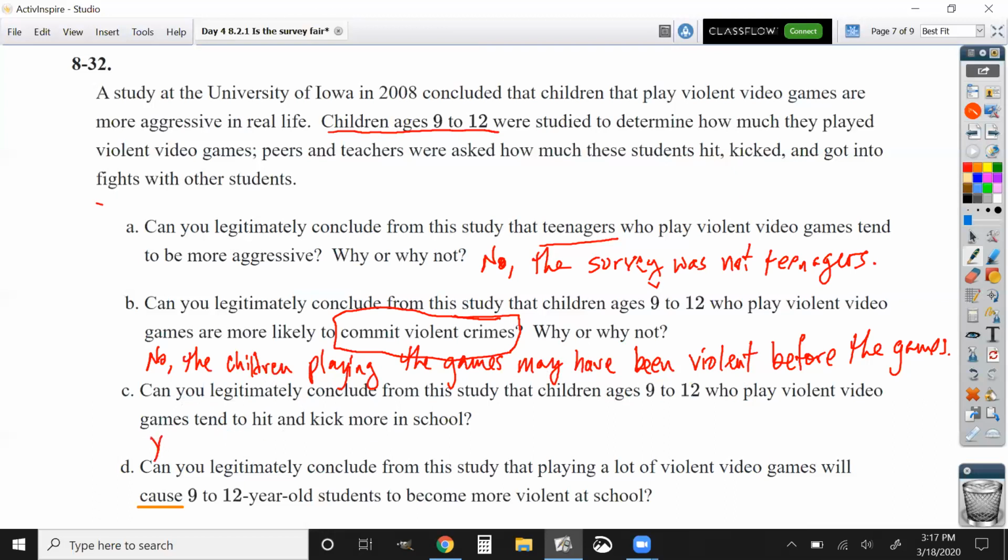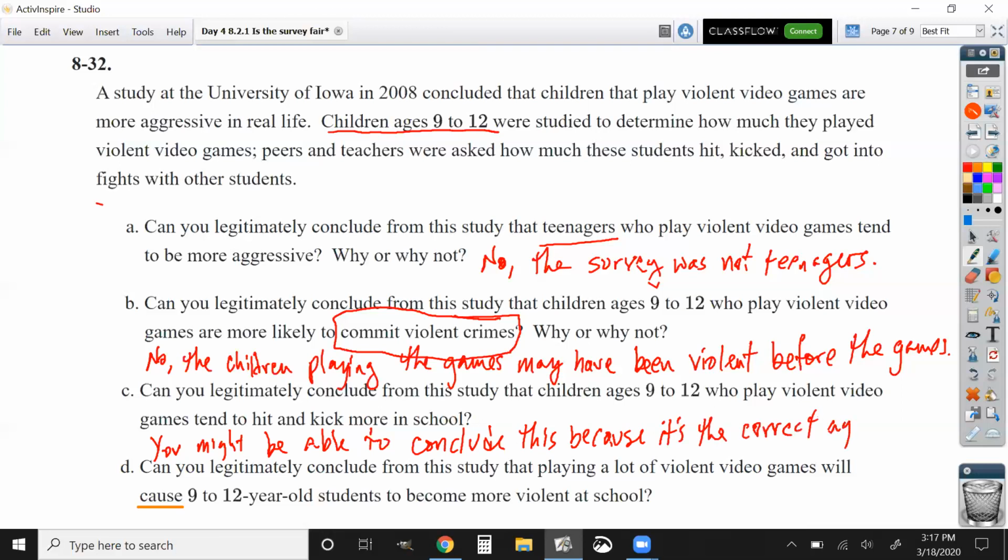You might be able to conclude this, because it's the right age group, the correct age group, and type of violence.